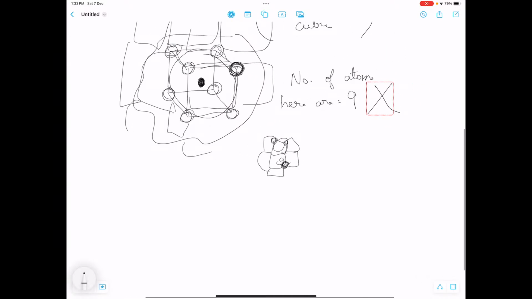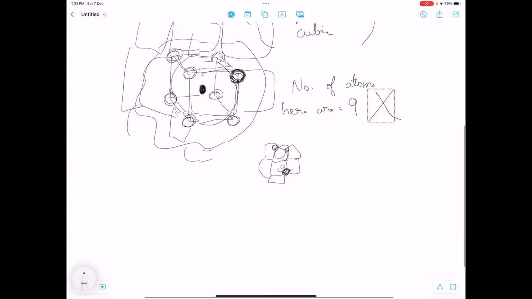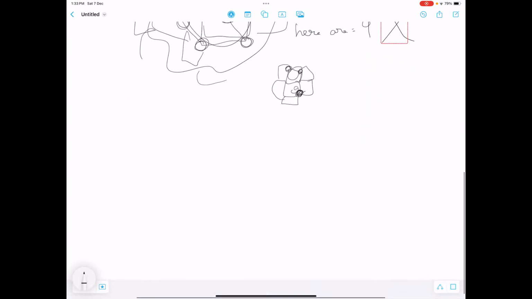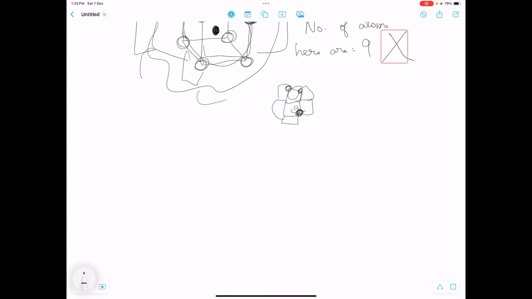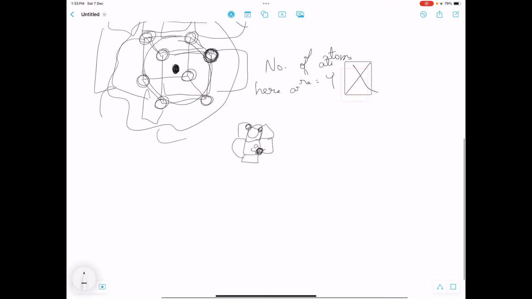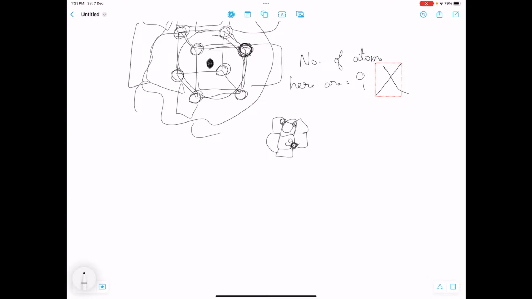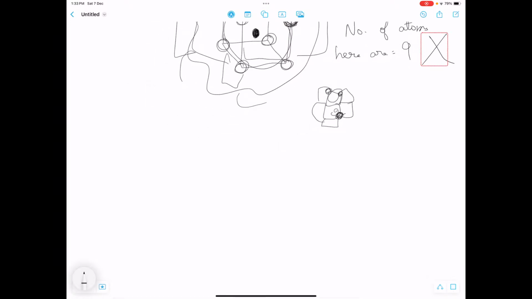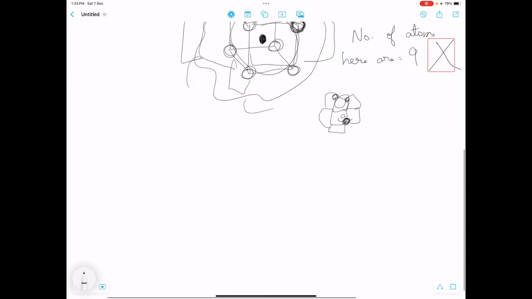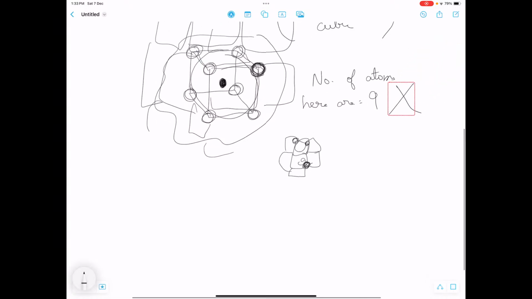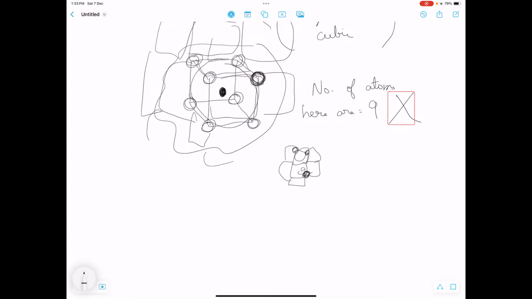So how do we calculate the number of atoms in a body-centered cubic structure? First we write down: this is one atom, a full atom. It is not being shared with anyone. So 1 plus.